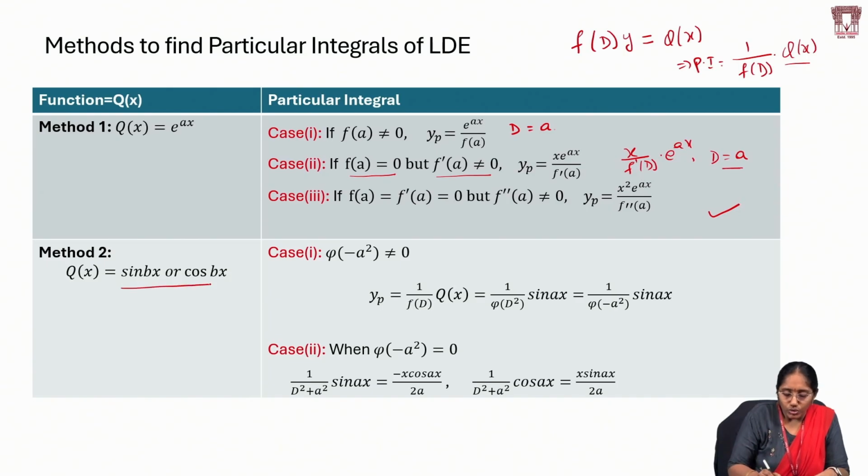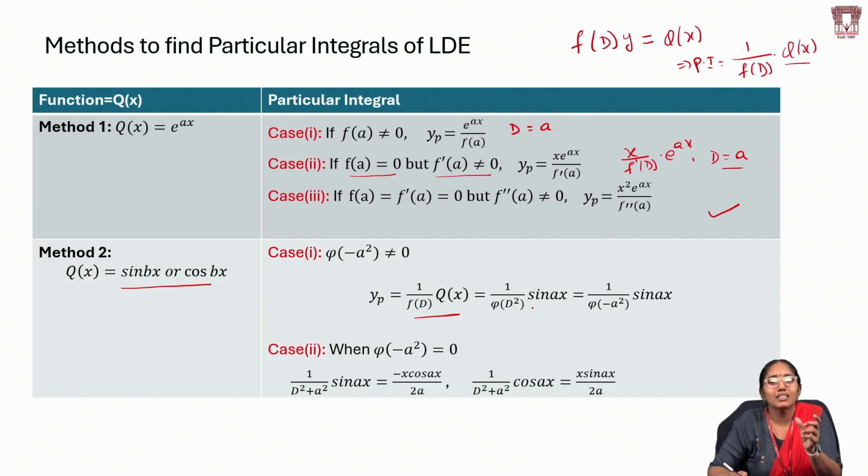In method 2, the function Q of x is defined as either sin bx or cos bx, only sine or cosine. In such a case, the particular integral can be found as 1 by f of D into Q of x, where f of D can be written as phi of D square.